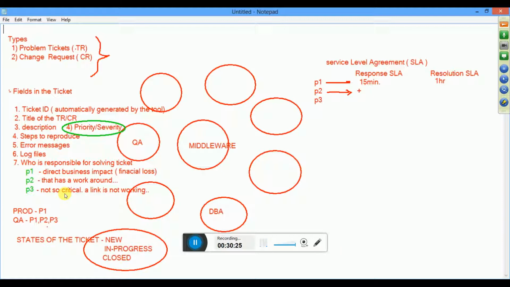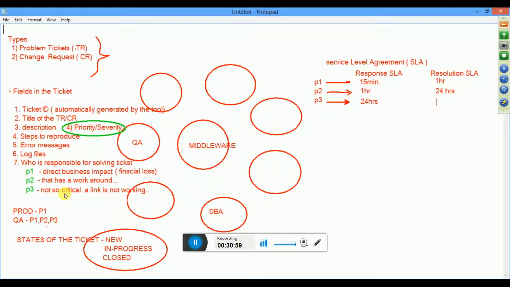Then for a P2, let's keep it simple. For a P2 ticket, you respond within, let's say, 1 hour, just for the sake of simplicity, and you solve it within 24 hours. Then for a P3, you respond within 24 hours and you solve it within 7 days.